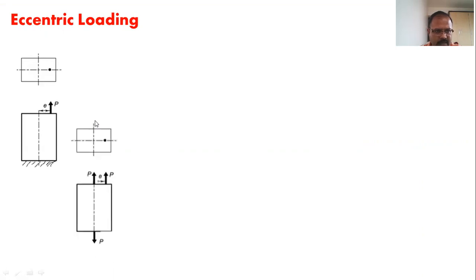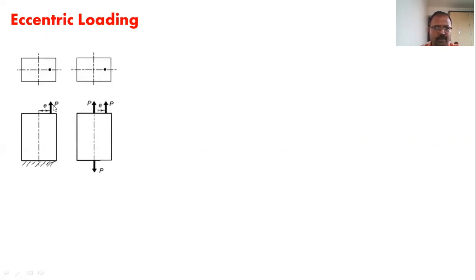Now we will see what the effect of this loading will be. I have drawn one more diagram over here with two additional loads, equal and opposite. The resultant of this diagram will be equal to the resultant of the first diagram, because this P and this P neutralize each other, as they act equal and opposite.